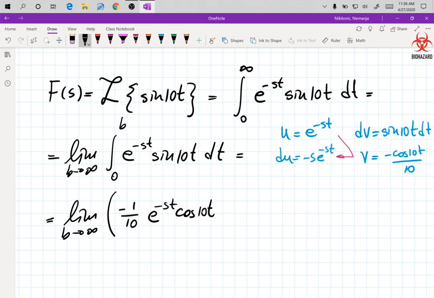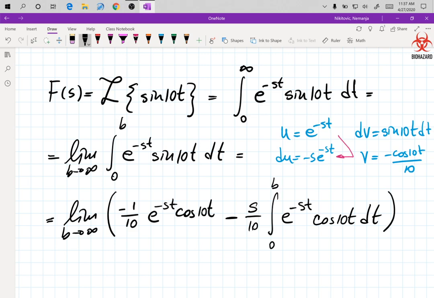And now my integral will have a minus, and both of these guys have a minus, so that's altogether 3 minus signs, so it's a minus. We can kick s over 10 in front of the integral, which is 0 to b, because those are constants, and you just have e to the negative st times cosine 10t dt inside.